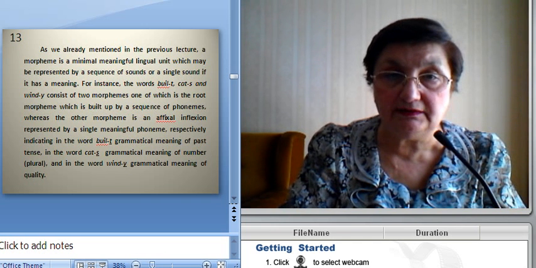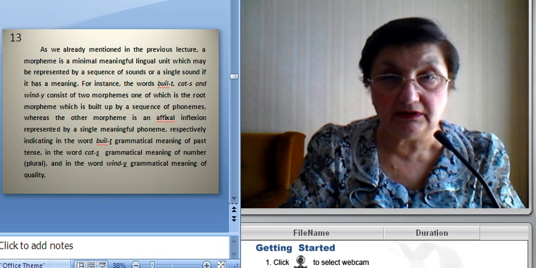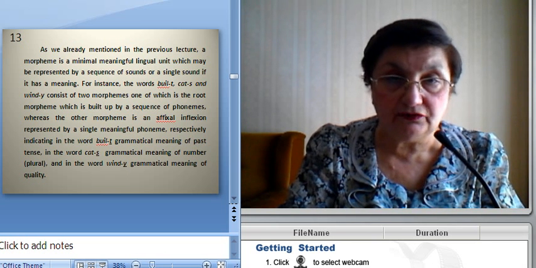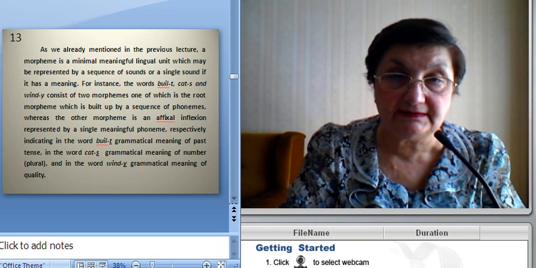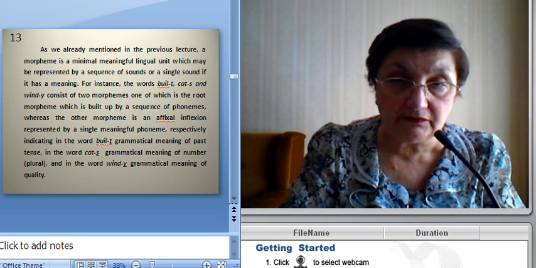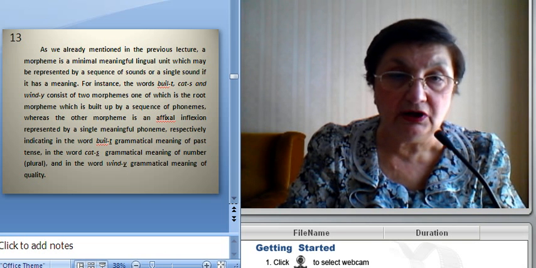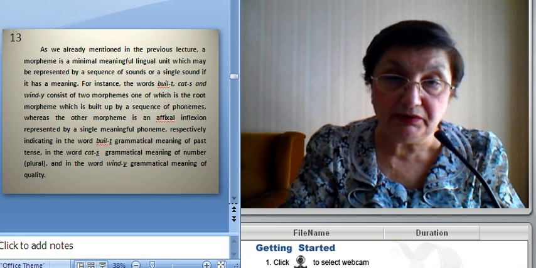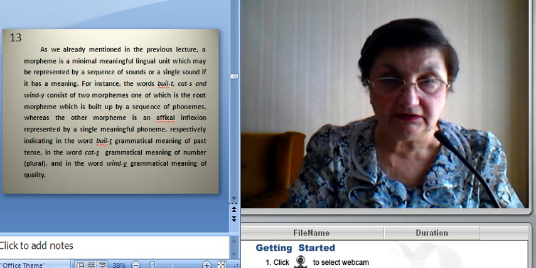For instance, the words built, cats, and windy consist of two morphemes, one of which is the root morpheme, which is built up by a sequence of phonemes, whereas the other morpheme is an affixal inflection represented by a single meaningful phoneme, respectively indicating in the word built, grammatical meaning of past tense, in the word cats, grammatical meaning of number, that's plurality, and in the word windy, grammatical meaning of quality.